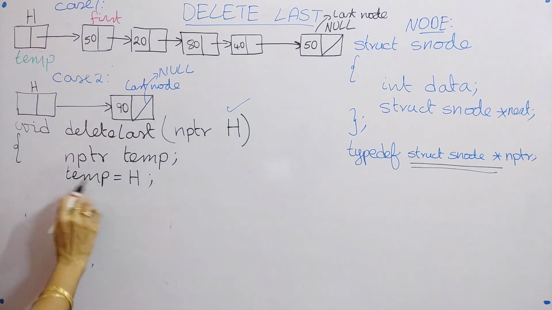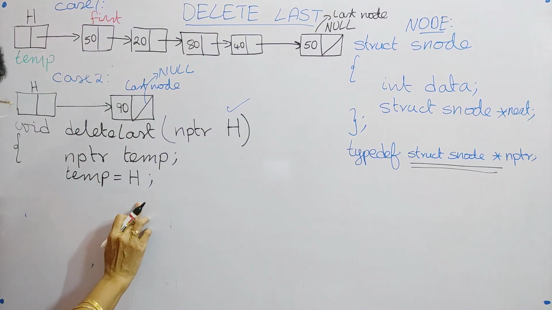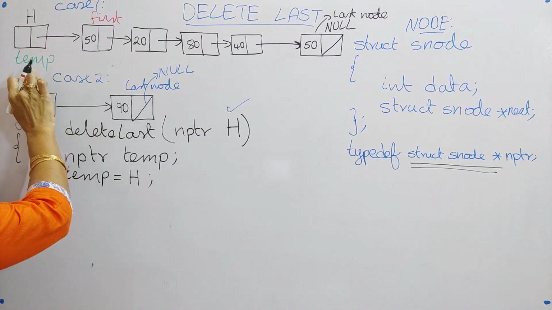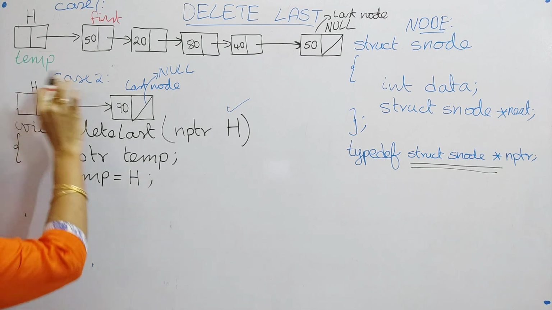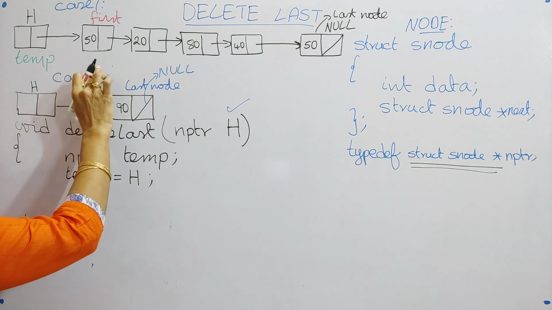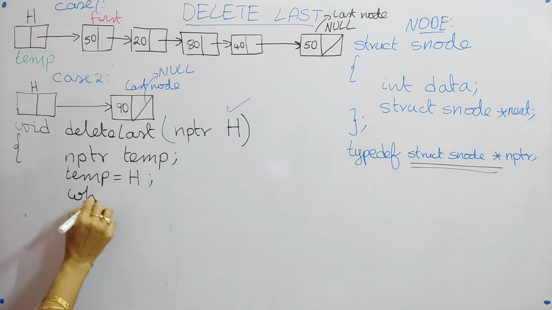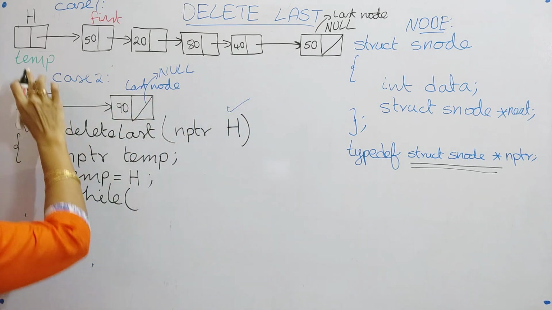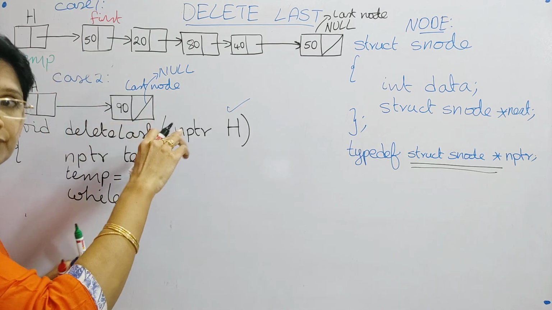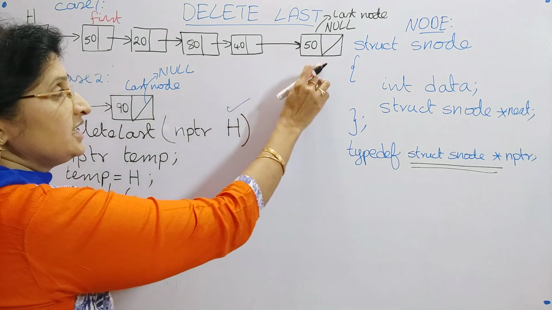So here, first of all, I am giving temp is equal to H. That means I have started temp here. From now onwards, I will move the temp to the last but one node. For that, what do I have to check? I have to check the temp next. So what is the next node?